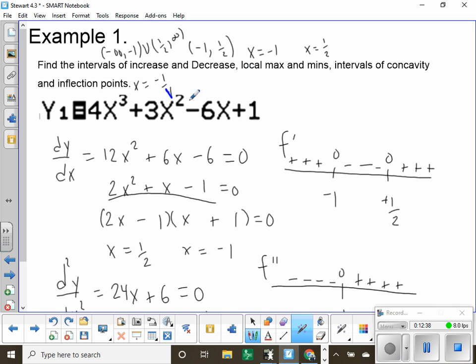Intervals of concavity: it's concave up on the interval -1/4 to infinity, and it's concave down from -infinity to -1/4.